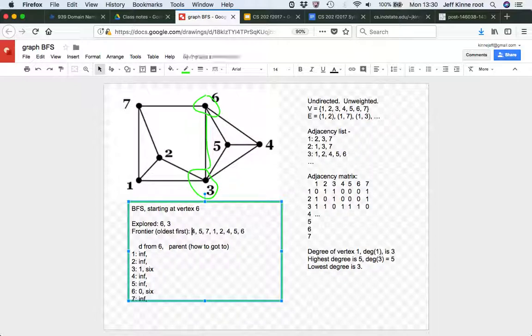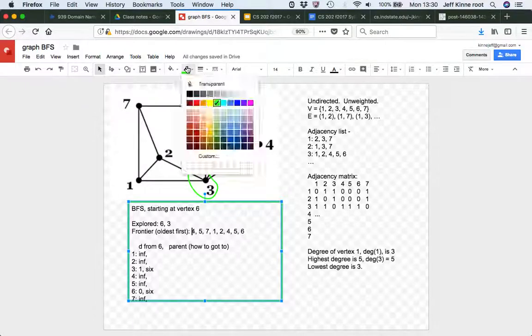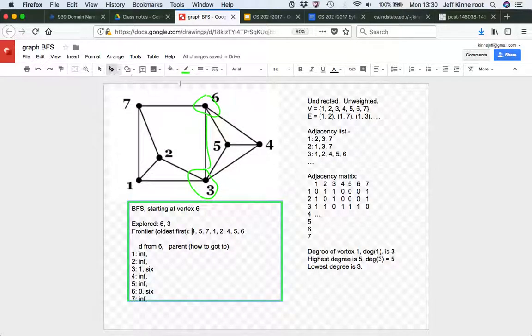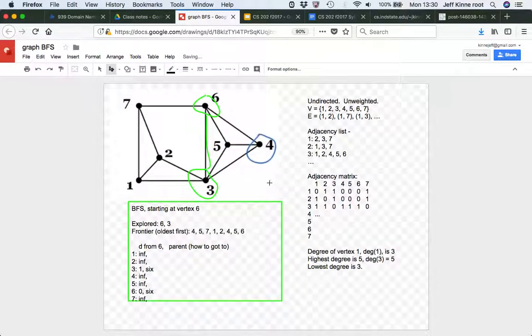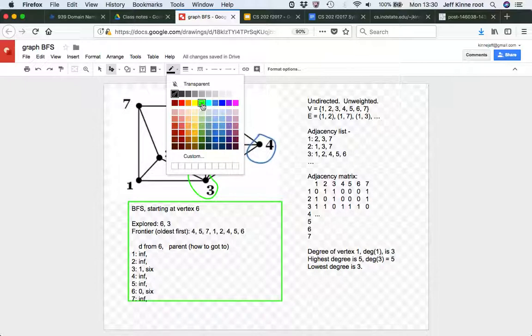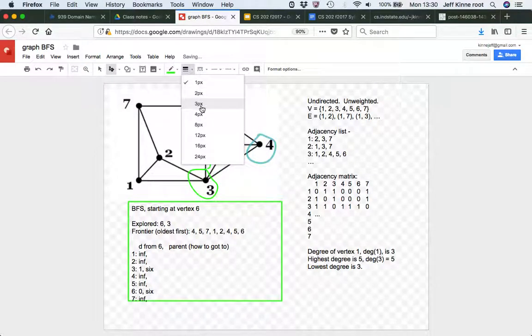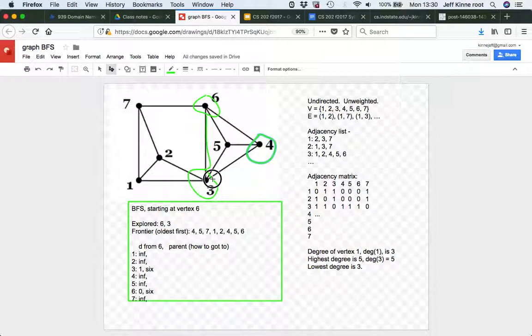All right, now we take the next item off the frontier. That's going to be 4. We're going to circle 4. And we'll remember that we got there from 6.